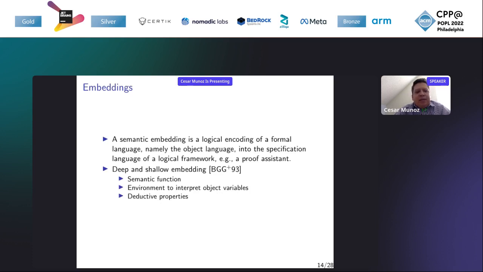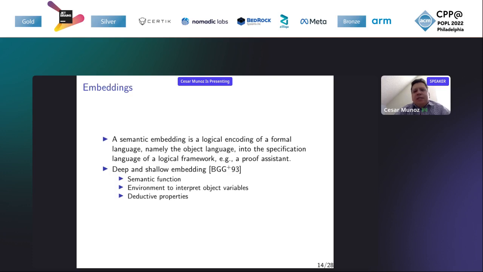And what is an embedding? You probably know an embedding is a semantic encoding of a formal language into another one. In this case, the language that we are encoding, I call the object language, and the target language is the proof assistant. And what is special about embeddings?